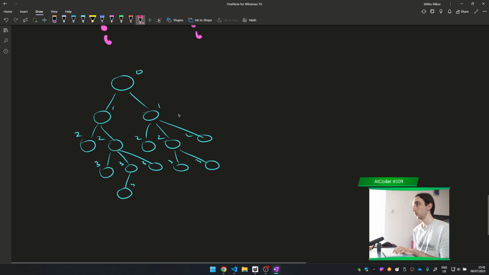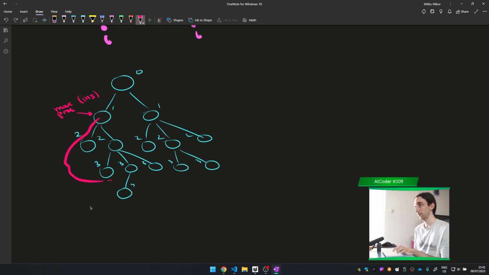And then what I'm actually doing is, at each of these I will have some maximum protection. This maximum protection is in the inner array. So this node protects some maximum number of nodes below.